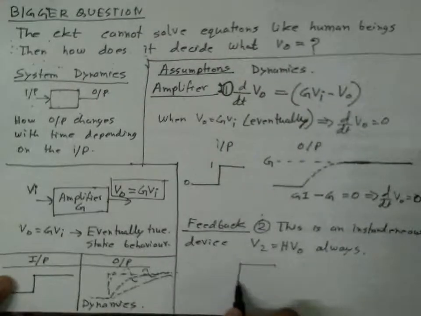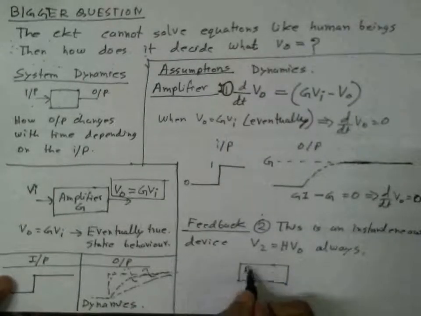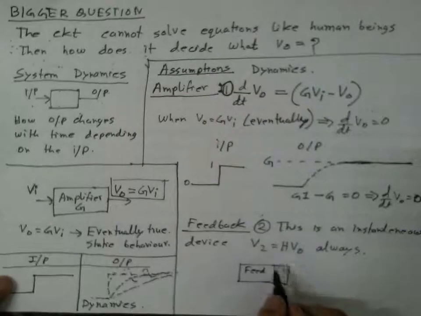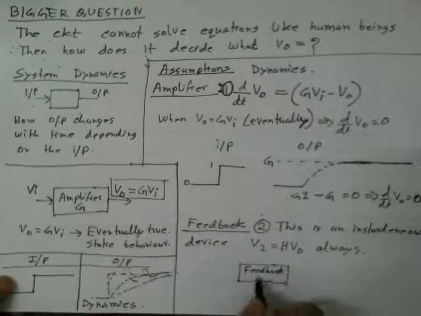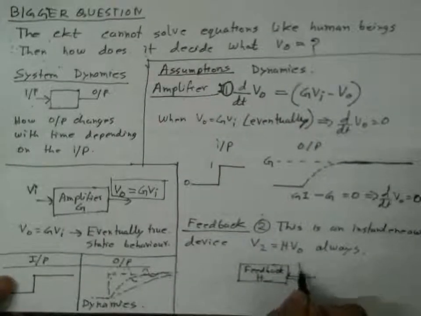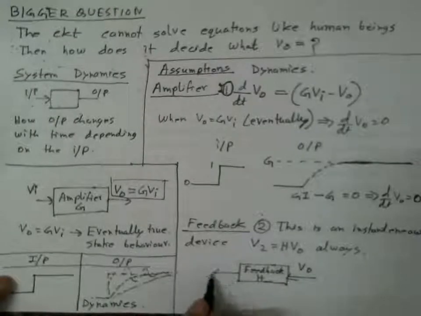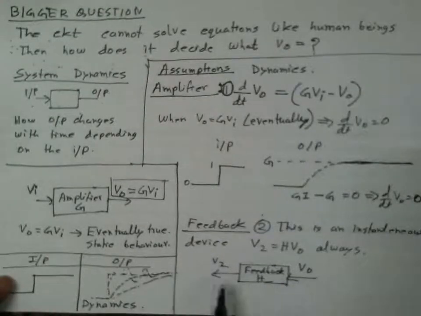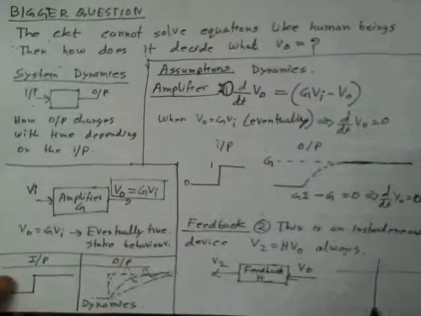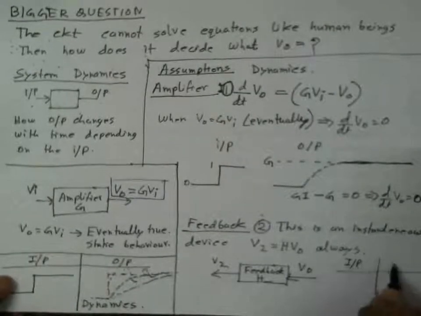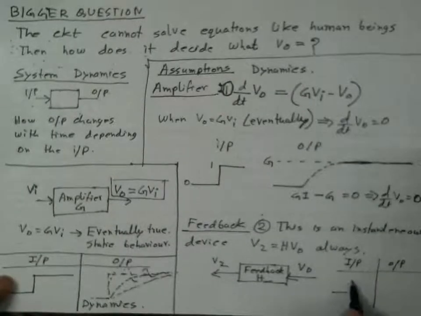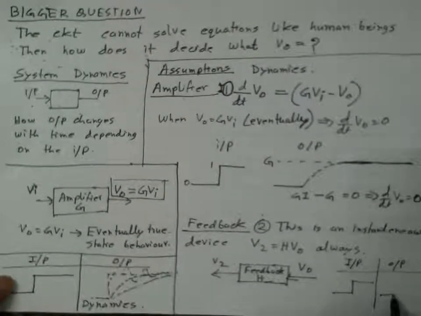So if you look at this feedback element H, which takes V_o as input and gives V2 as output, this happens instantaneously. If again I draw this input-output table, if the input changes like this, the output also changes like this, with some gain definitely.